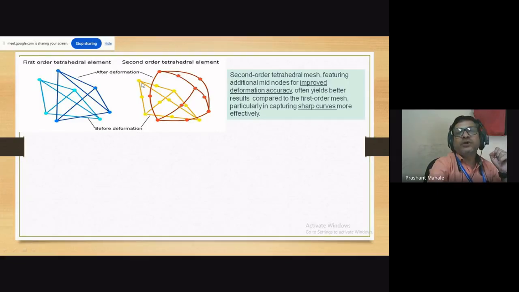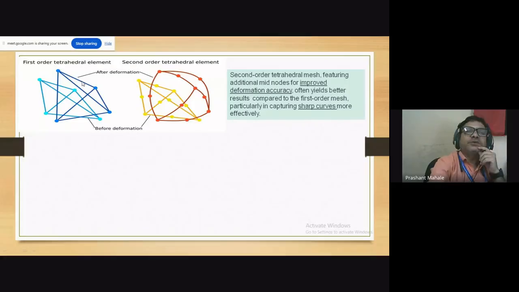Same that is shown here by yellow lines, right? And this is first order, and this is second order tetrahedron element. You can see nodes are more, 10 nodes. Here we have 4 nodes. So these 10 node and 4 node elements are before deformation.